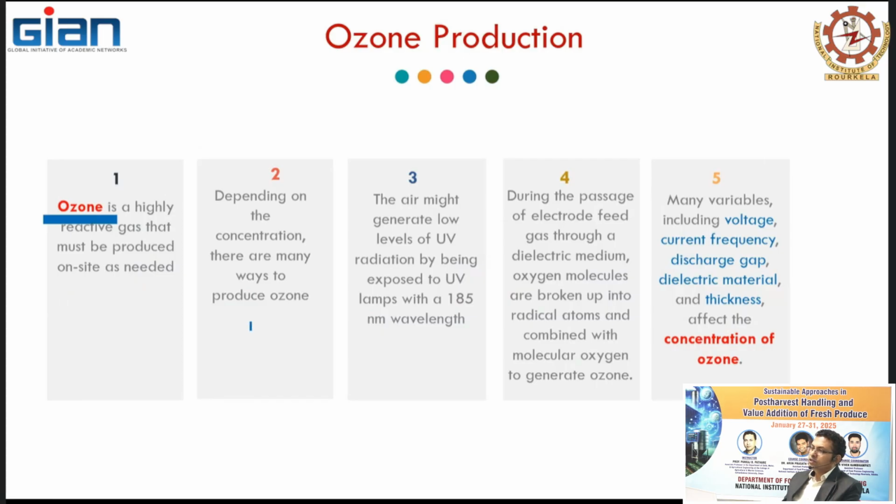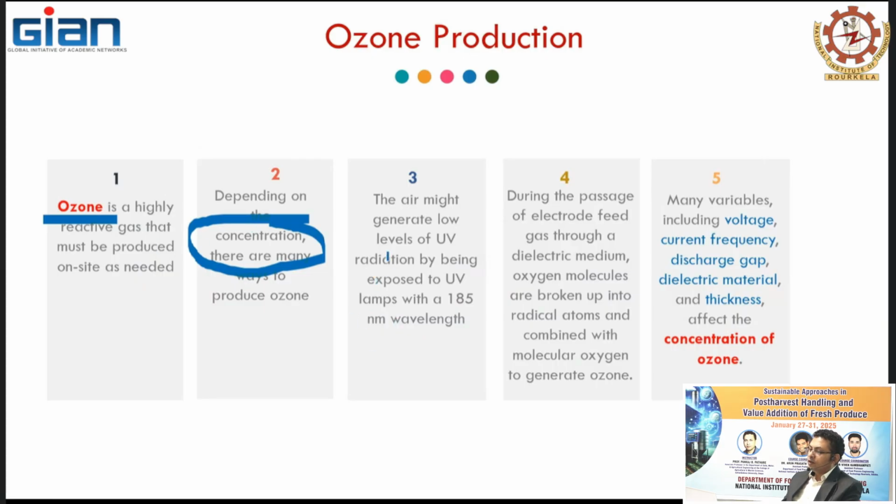In most studies we can see a concentration as per our requirement: what dose we are using for the product and for how long. So we look at both, depending on the concentration and for what purpose we are using it: sanitation or processing, or whatever the requirement for the product, such as extending shelf life.